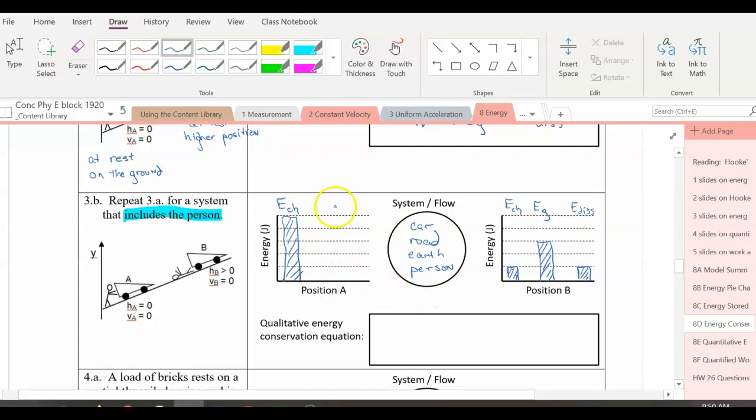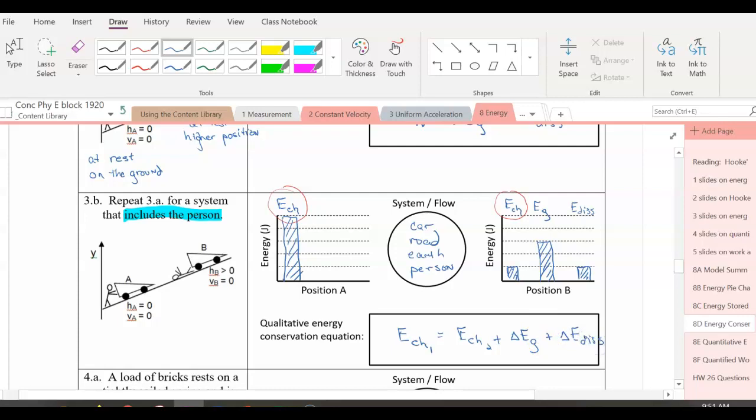Since the chemical energy is on both sides of my conservation diagram, I need to use little subscripts to differentiate. So I have my initial chemical energy equals the final chemical energy plus the change in the gravitational potential energy plus the change in the dissipated energy.